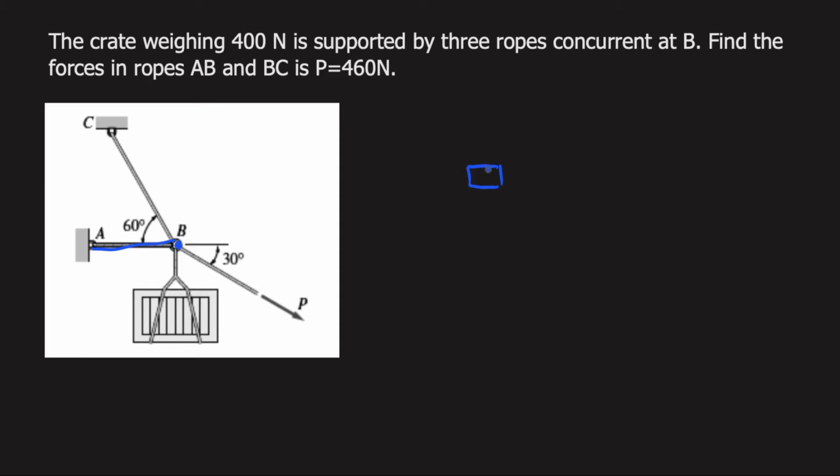We have this box. First we can draw the weight, which is downwards, and of course the force AB. Again, this is weight, and this force AB is of course tension, so that's TAB. Next is tension BC, which is directed towards here. This is 60 degrees.